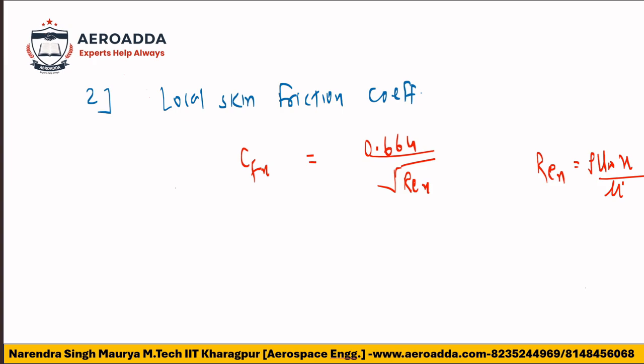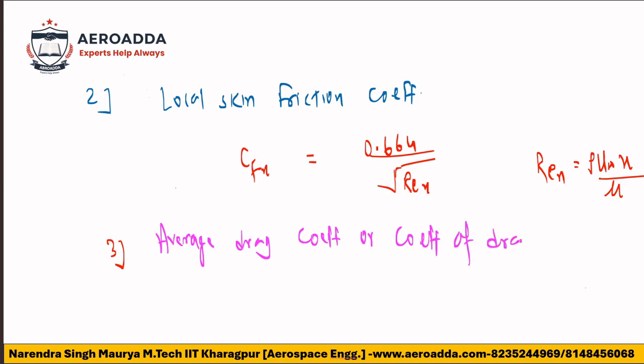Third is very special, very important. These are the things they are asking. This is related to the laminar boundary layer. Remember, the third thing you can find is the average drag coefficient, meaning over the surface of the plate.